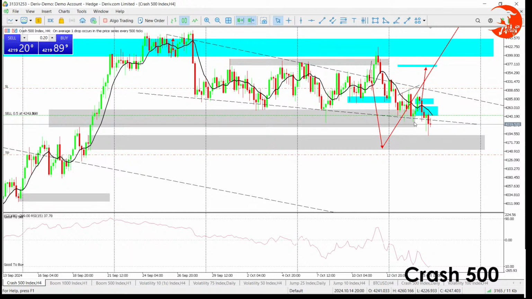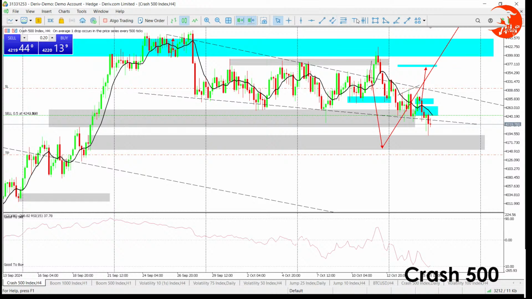Right now, H4 hasn't confirmed yet. We can see a long wick there on that candle, and of course CCI showing us that we are oversold. So we need to wait for a retest after this bouncing of this support level.